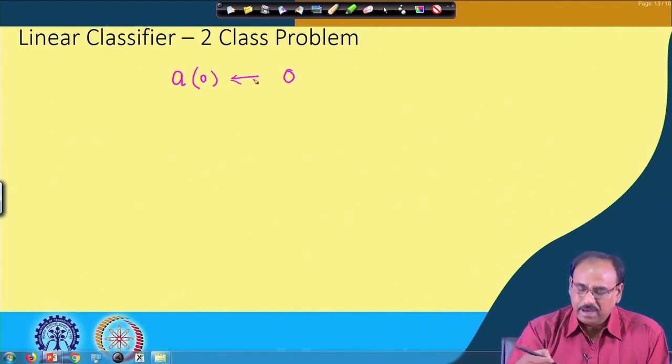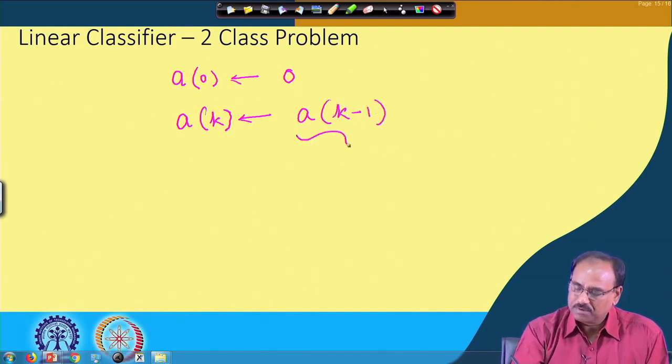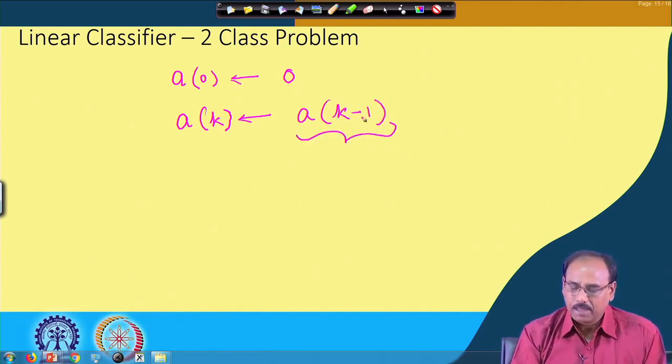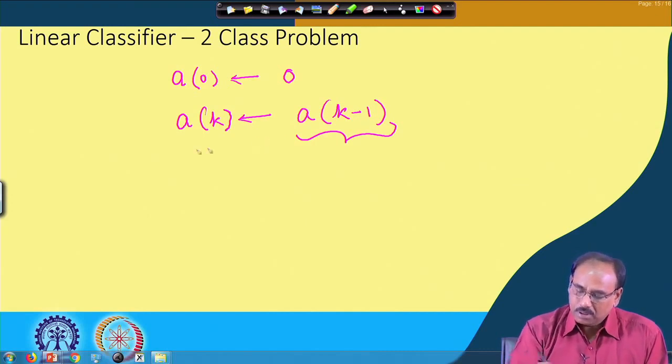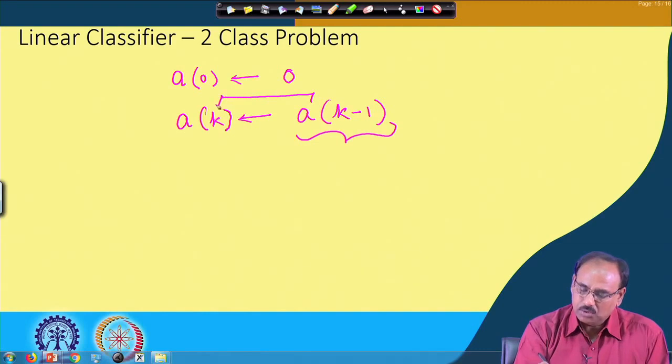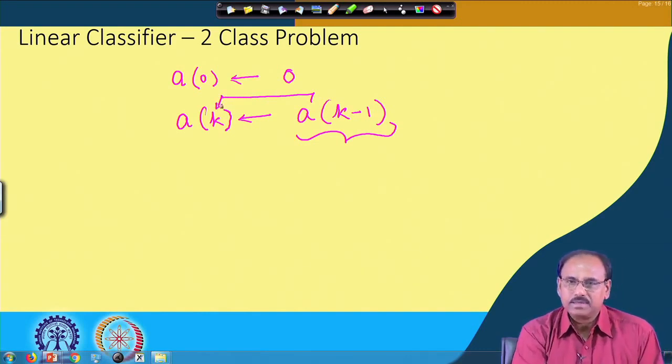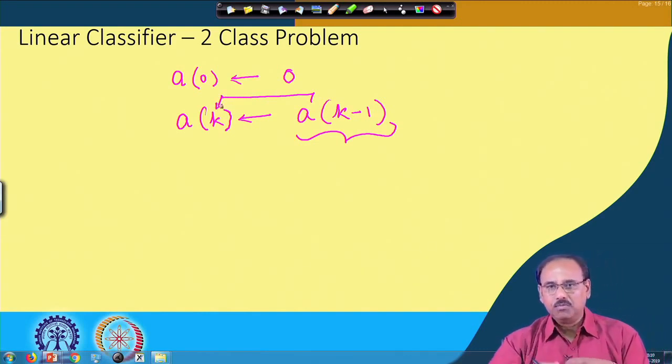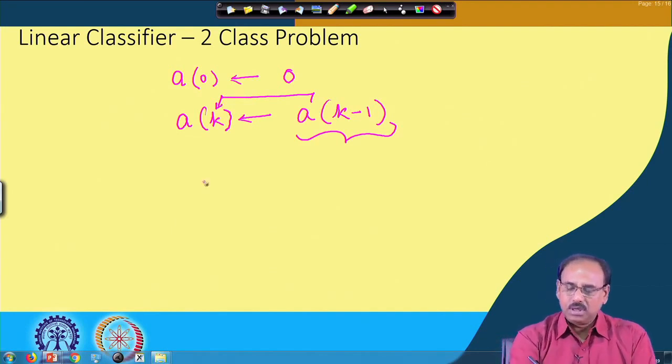Then gradually, in the kth step, I should be able to get A of k from A of k minus 1, that is, the previous value of A, in such a way that this movement will reduce the error J(A).